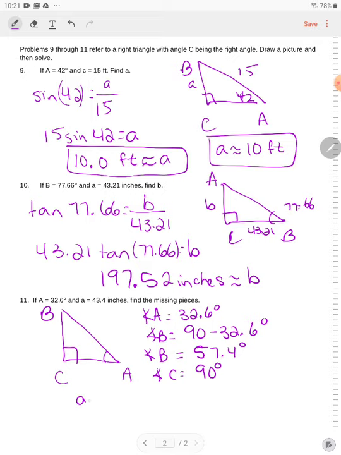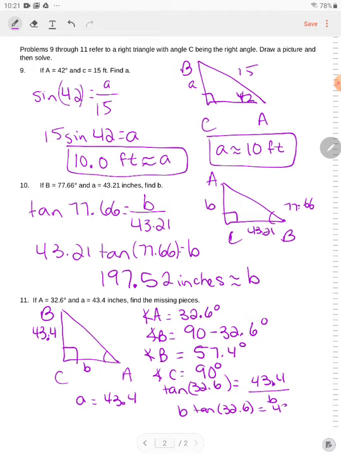Okay, so what length do we know? A is 43.4, and that is inches. So we'll put the 43.4, not the units, just the length there. All right, let's find B first. Tangent of the angle A, which is 32.6, is equal to 43.4 over B. That means B times tangent of 32.6 degrees is 43.4.